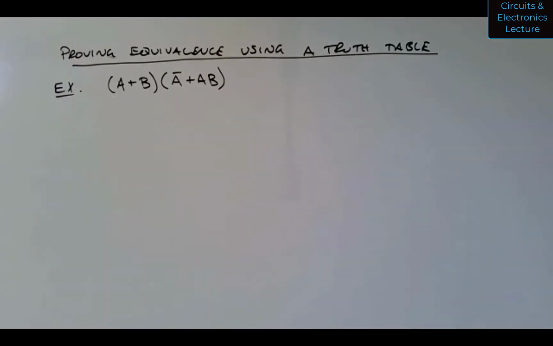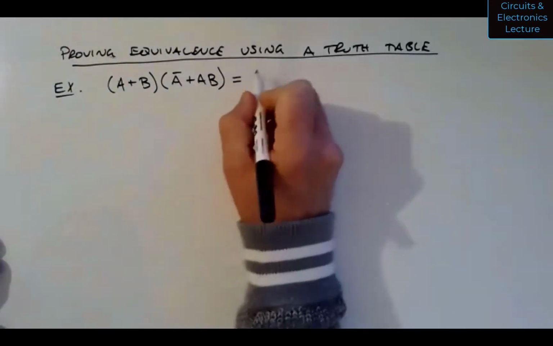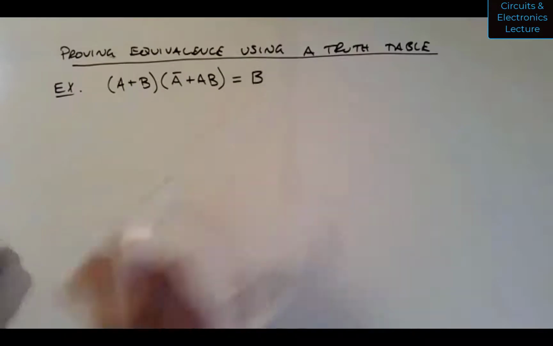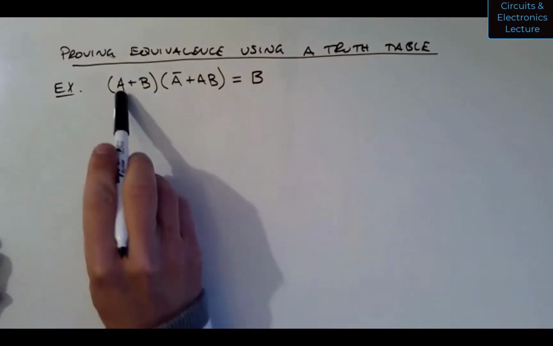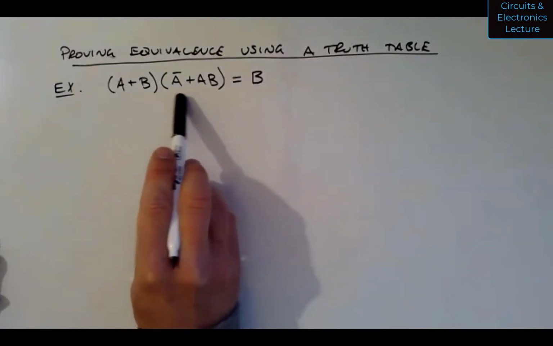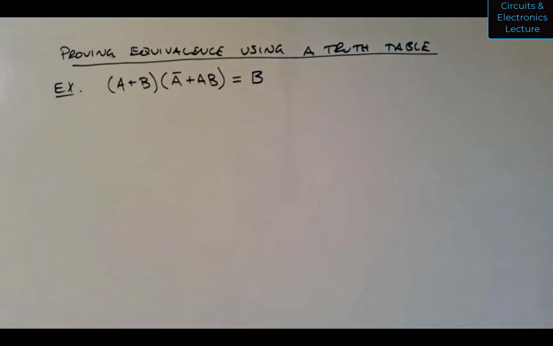And you come along and you say, wait a minute, that looks fishy. I think that you can rearrange that to get a simpler expression. And you say, well, I think you're really not depending upon the value of A. You're actually just looking at B with this expression. So in other words, A doesn't really do anything here. It drops out, and you're really just left with making your decision based on B and not A.